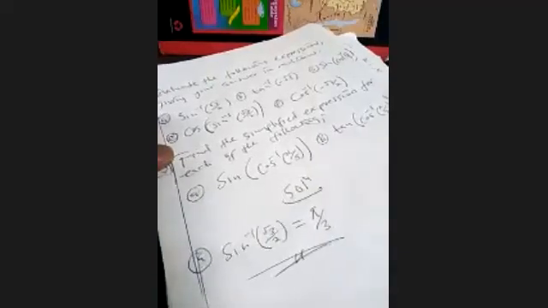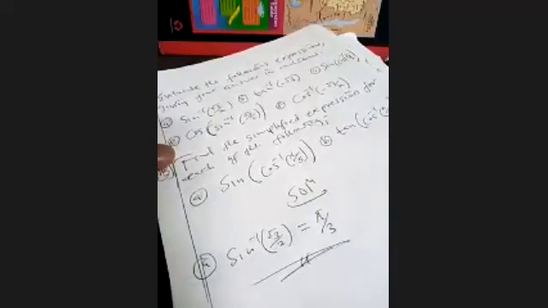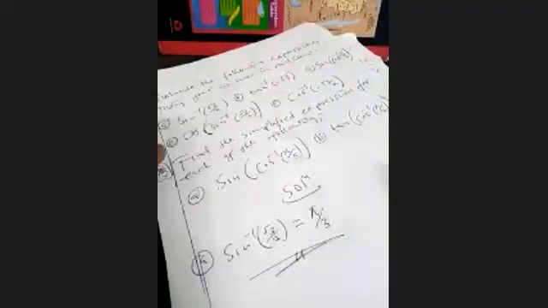So here you can guess there are so many angles that can give the same value. But since you are not given the domain, you could find 60 degrees.